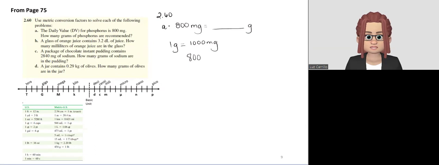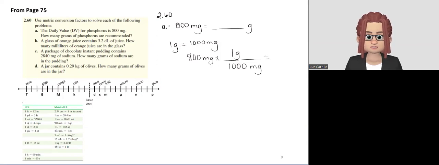Now that I have my equality, when I set up the problem with 800 milligrams, I'm going to put in the bottom the part of my equality that matches milligrams, which is going to be 1,000 milligrams. On the numerator, or on the top of my fraction, I'm going to put what 1,000 milligrams equals to according to my equality, which is going to be 1 gram.